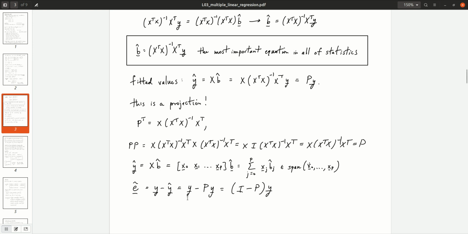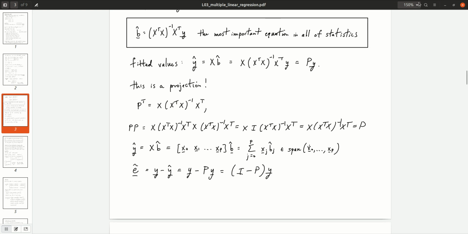We can write this as observed responses minus P times observed responses, because the fitted values are just P times Y. And then we can write this out as I minus P times Y. So the residuals are just the complement projection to the fitted values. If the fitted values are P times Y, then the residuals are just I minus P times Y.